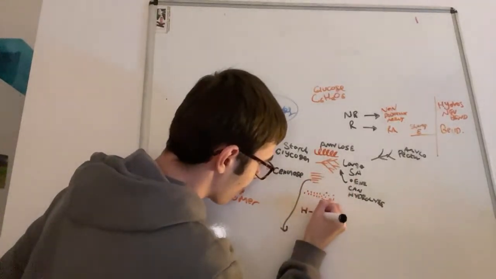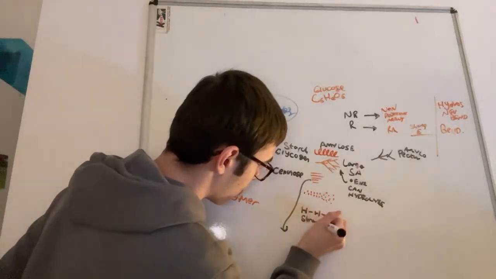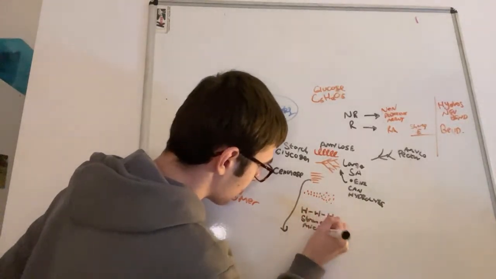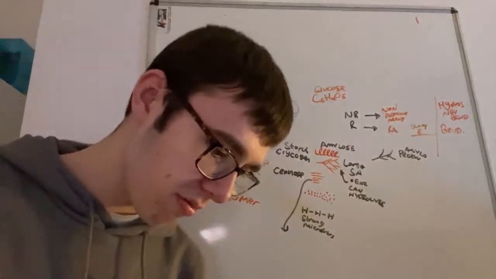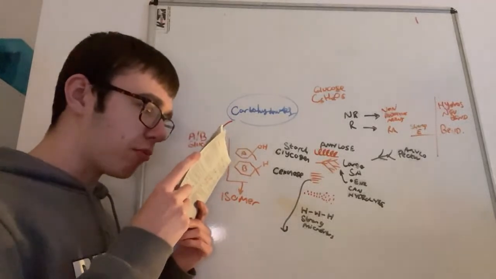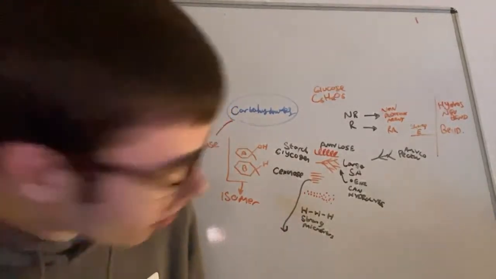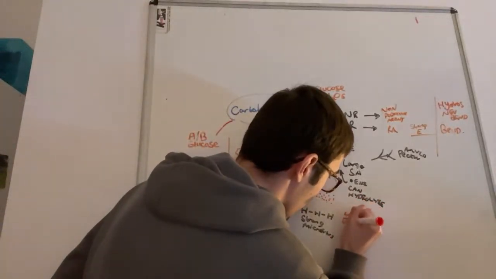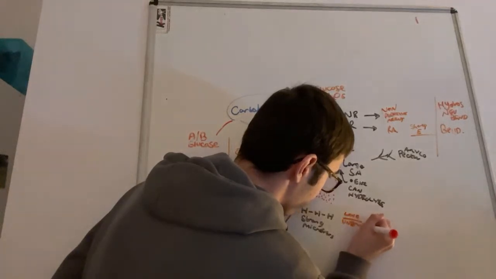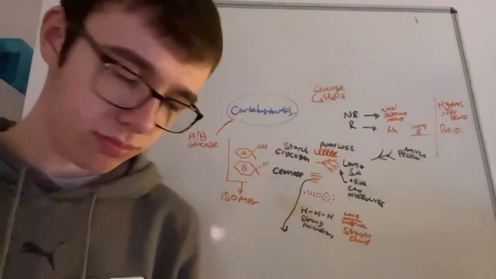I'm pretty sure it's just hydrogen, and they form strong microfibers. That's how it's worded. Long unbranched straight chains. Okay, so it's long, unbranched, straight chains.